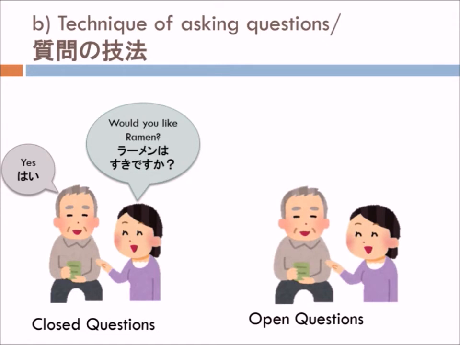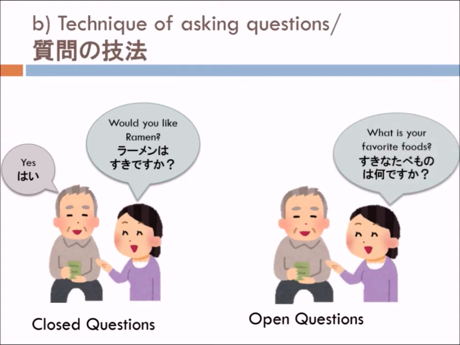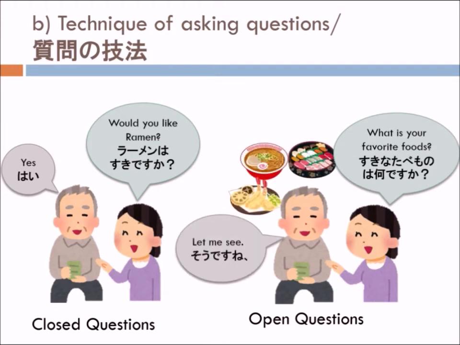An open question refers to a question that lets the other party answer freely, such as what do you think and how do you want to do it, like what is your favorite food? Please note, however, that the other party may think that the user is blamed if you keep asking why to determine the reasons.